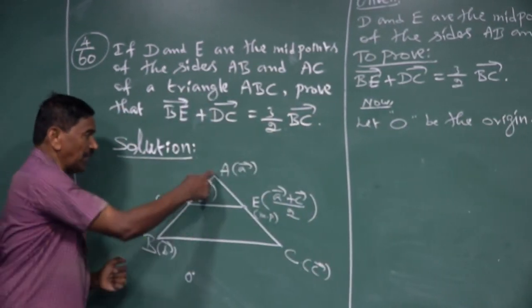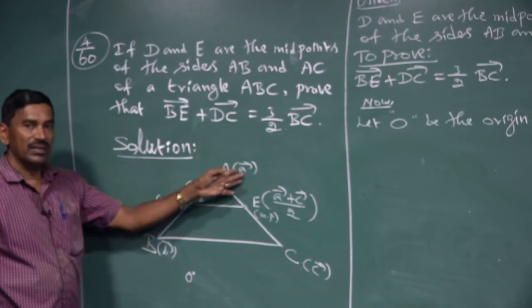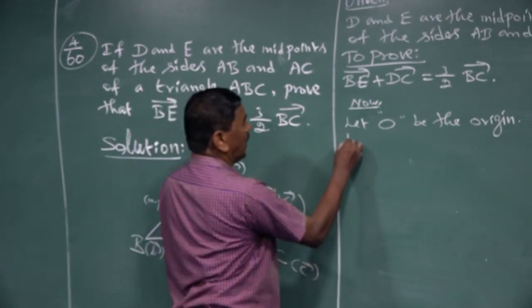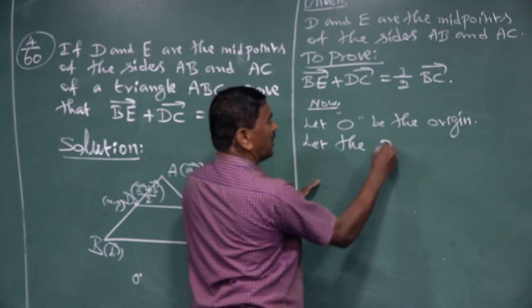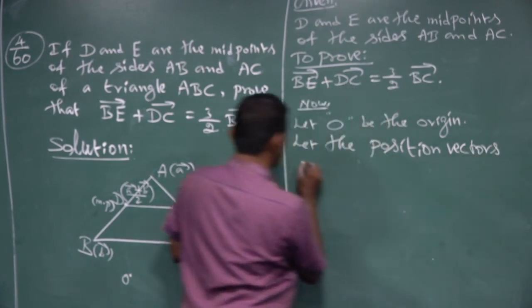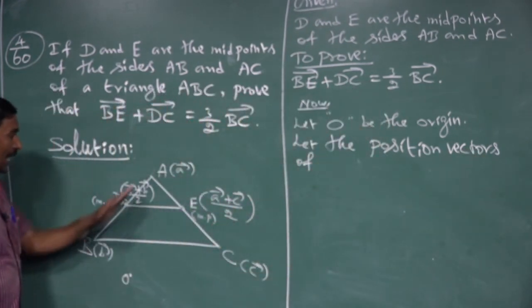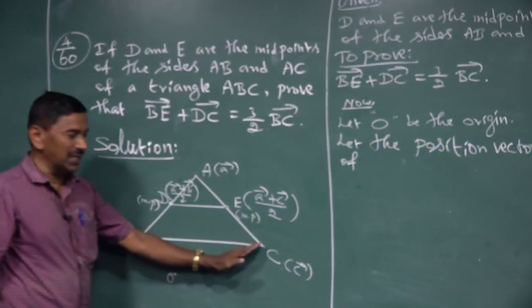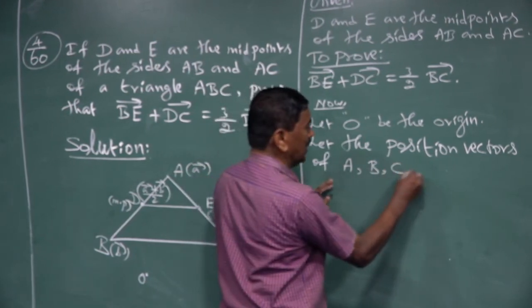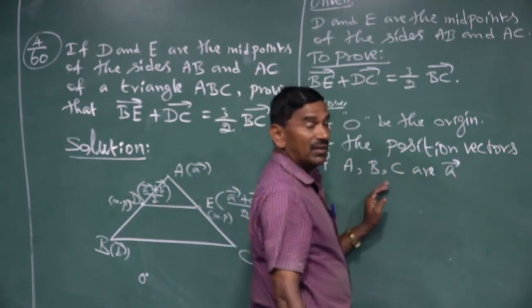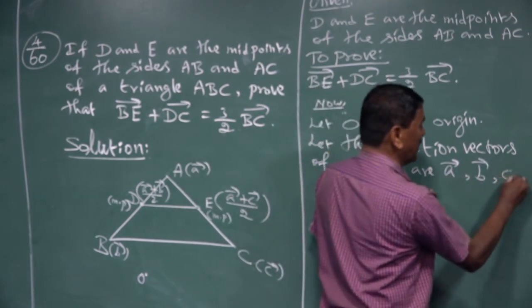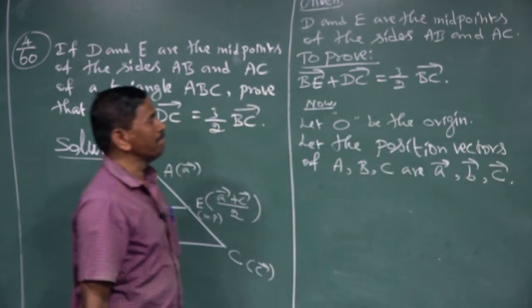Let the position vectors of A, B, C be a vector, b vector, c vector respectively.